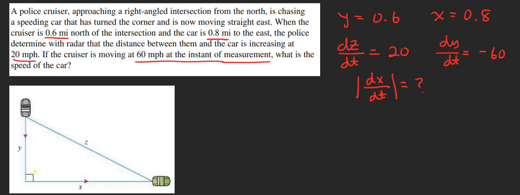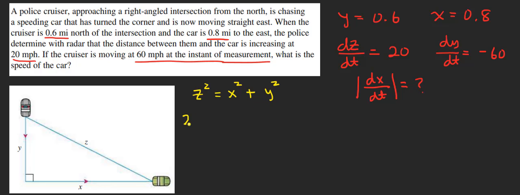Well, look at this triangle. This triangle is a right triangle, and we could use the Pythagorean theorem. So z squared equals x squared plus y squared. Let's take the derivative with respect to time.